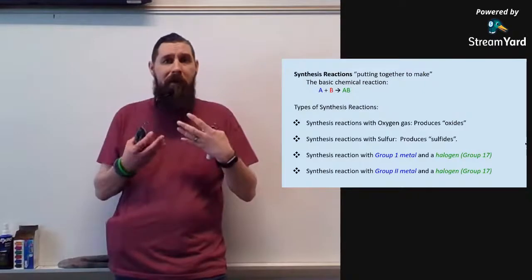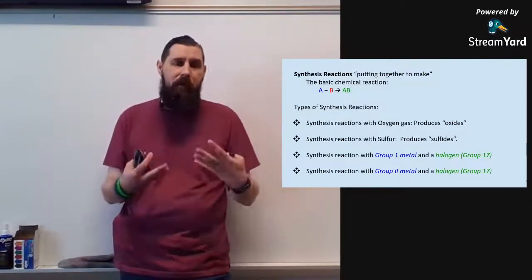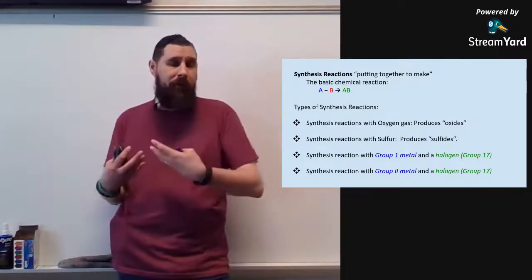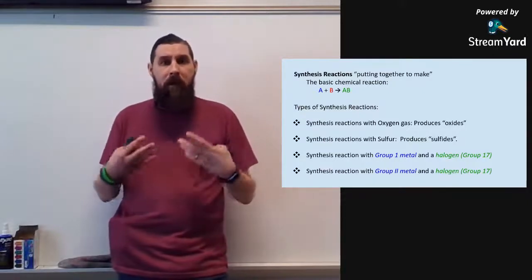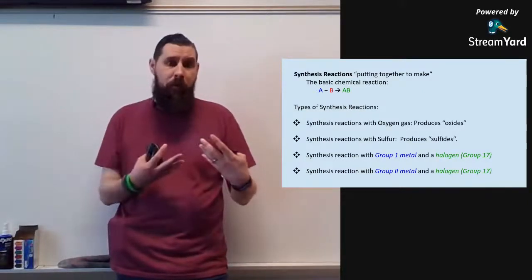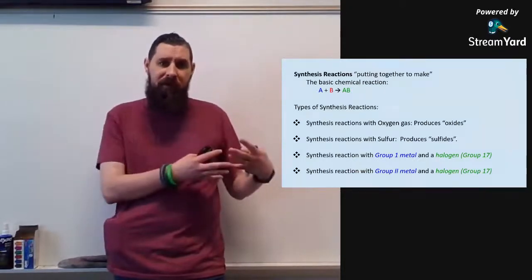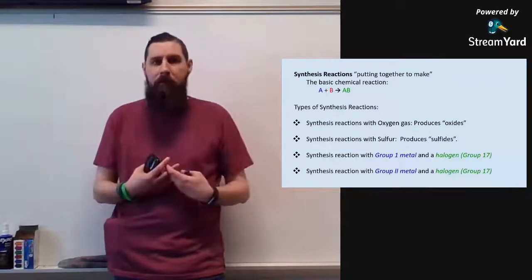First off, there is synthesis where you're combining a metal with oxygen, and those are going to produce oxides. Then you can take metals, combine them with sulfur. Those are going to produce sulfides. You can also take group 1 or group 2 metals and combine those with halogens, or column 17 or halogen groups, and you're going to get metal halides.